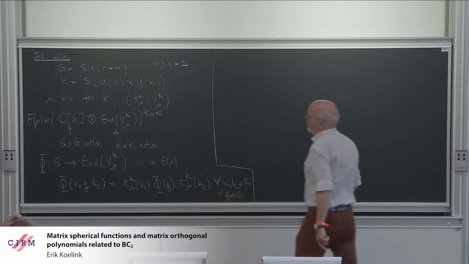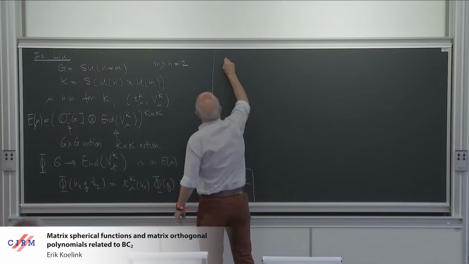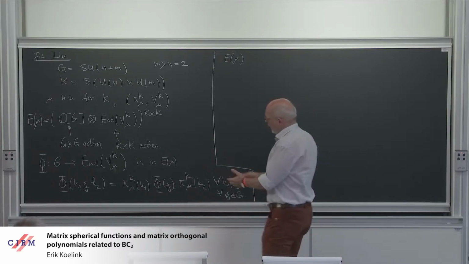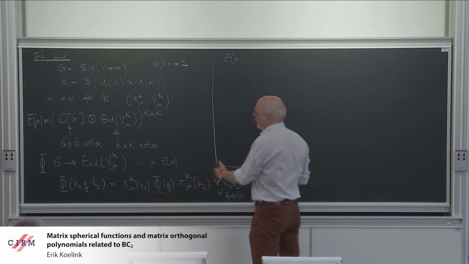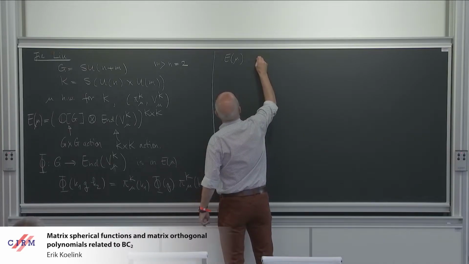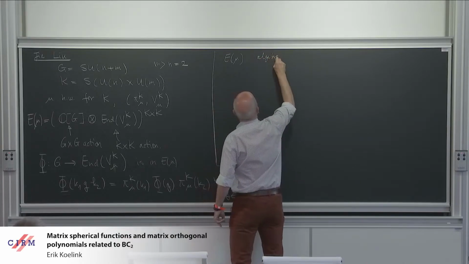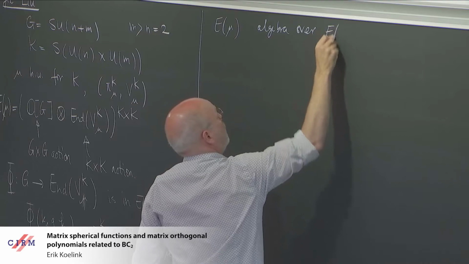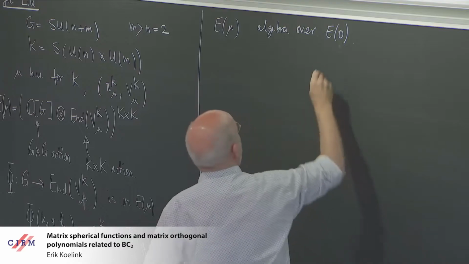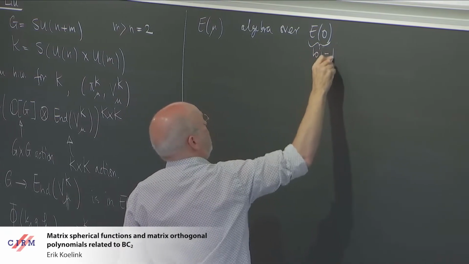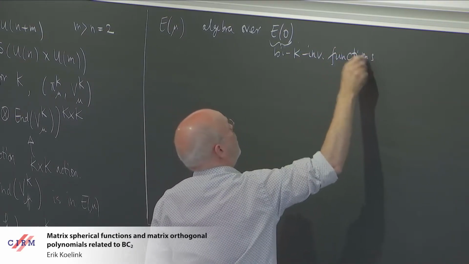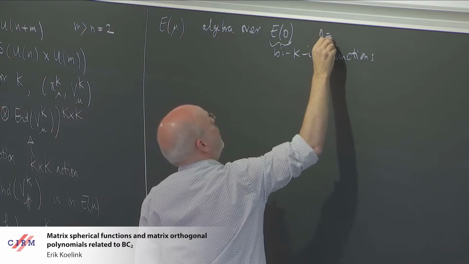So if we want to understand this space E mu, then we see that E mu, since this is an algebra, you can multiply two of these functions and it's still okay. But we also see that E mu is an algebra over, if 0 denotes the trivial representation, the bi-K-invariant functions.